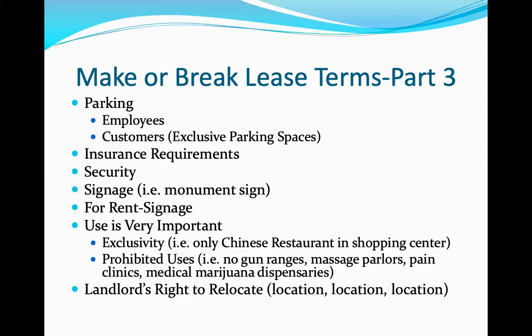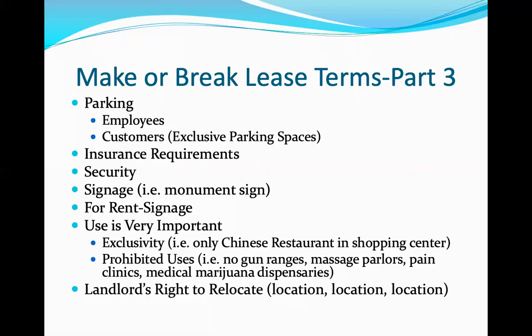The next issue, which we talked about earlier, is that use is very important. The first thing we want to do, and this is even more important in a retail scenario, is exclusivity. You want to try to negotiate in the lease, if you're representing a tenant, to be, in the example that I gave, the only Chinese restaurant in the shopping center. And if you're a landlord, you want to lease up your property for the highest rents possible.